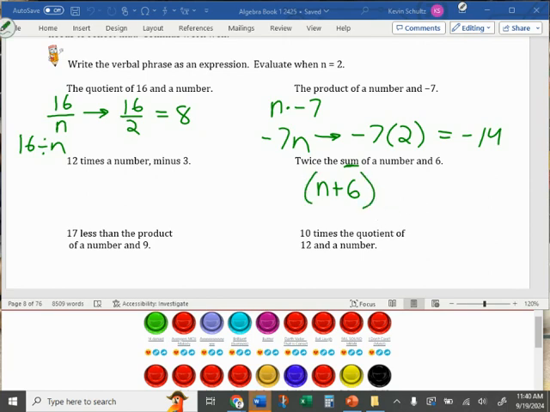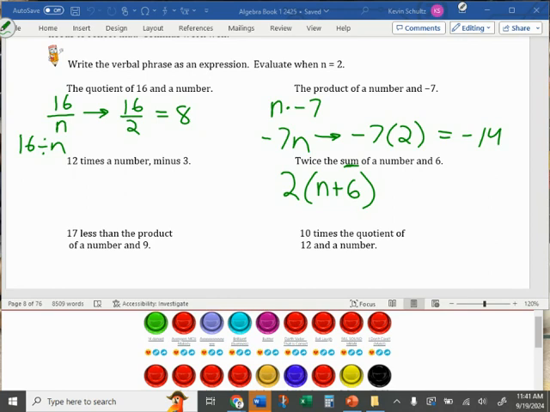Now we can take twice the sum. And it's okay to put that 2 out in front of the parentheses or put it behind the parentheses. If you put it behind, you have to write times 2 with a dot. Save the time. Put it out in front, right? And that means 2 times the sum of n and 6.